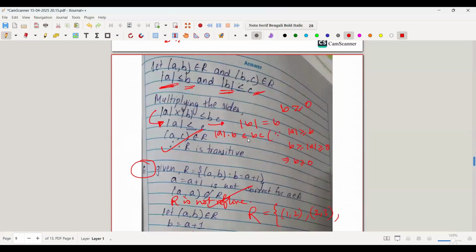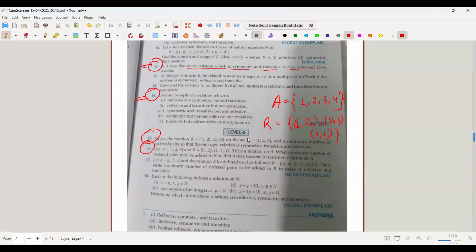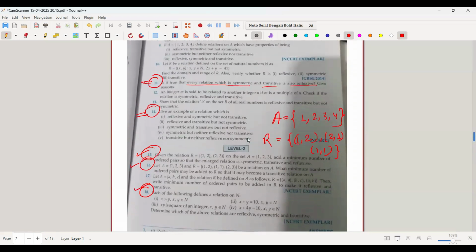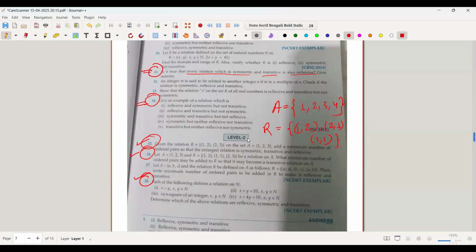This was exercise 1.1. Okay. So question number 18, question number 16, question number 15, 14, and 11. So has question number 18 already been done? Yes, already done.